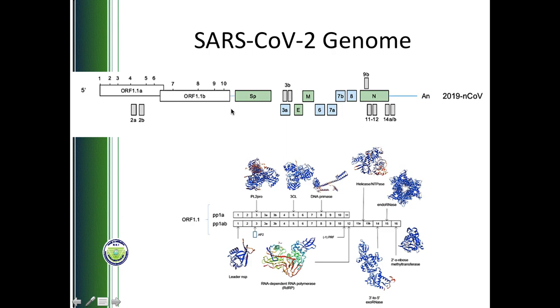Most laboratories use the nucleocapsid gene N, labeled here, as one of the targets. In some cases, the white colored ORF1, open reading frame 1, which has many non-structural proteins, is used. So NSP14, non-structural protein 14, which is technically an exonuclease, an exo-ribonuclease, is used for the detection.